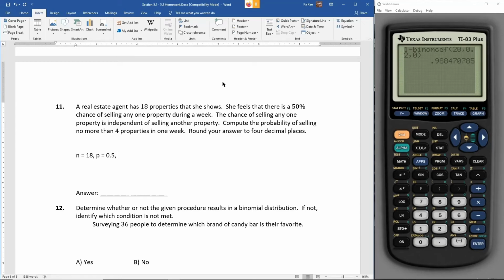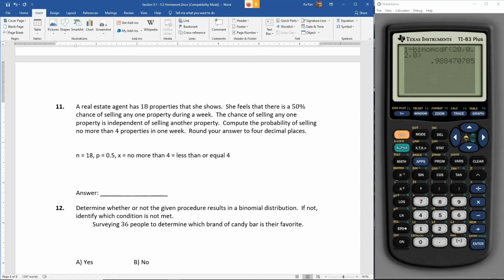Compute the probability of selling no more than 4. So now, x is no more than 4. Well, what does no more than 4 mean? No more than 4 means 4 or less, so you can say x is less than or equal to 4.